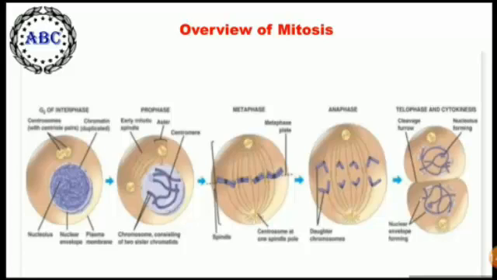In anaphase, the two sister chromatids separate from each other and the contraction of spindle fibers causes the chromosomes to start moving to the opposite poles. When they reach the opposite poles, they immediately start to uncoil, and in between cytokinesis also takes place, and thus mitosis ends.